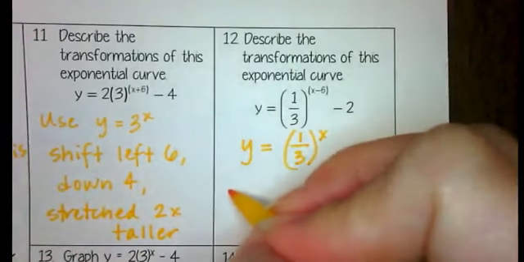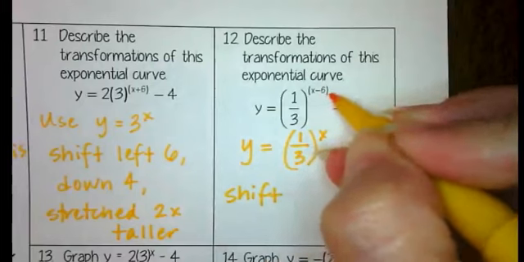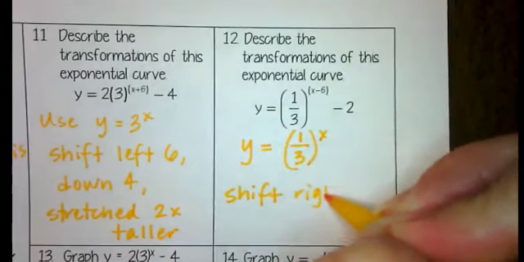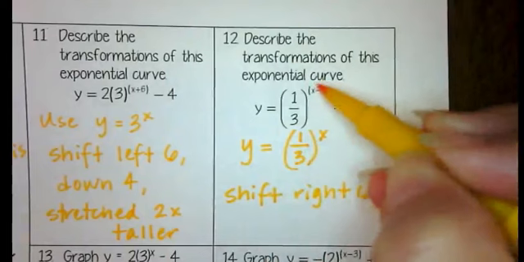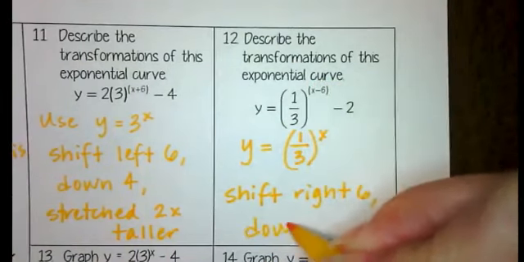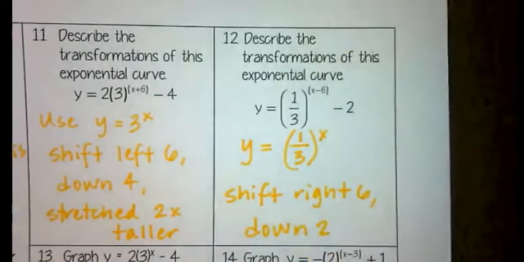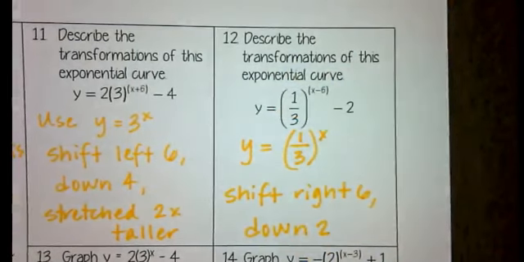All right, so this curve right here is going to shift right 6, and I can tell by that -6. So this one's going to go right 6 and then down 2. There's no A value in the front that's being multiplied, so there's no stretch or shrink, and it's not negative in the front either, which tells us that it is not reflected.